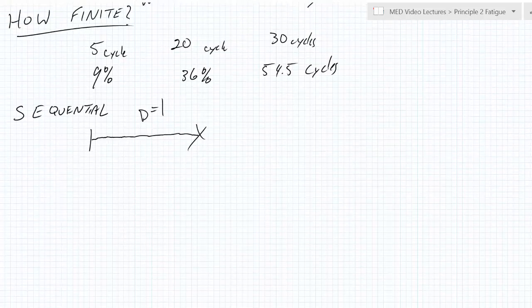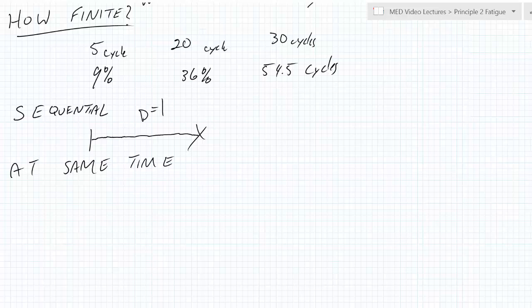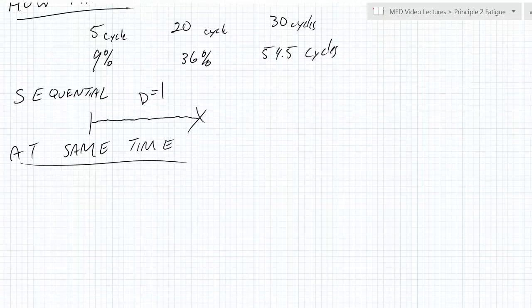If instead we were doing it at the same time, that is, if the loading cycle looked like the example that I began with, then we can compare the number of cycles that it will actually take to get us there.